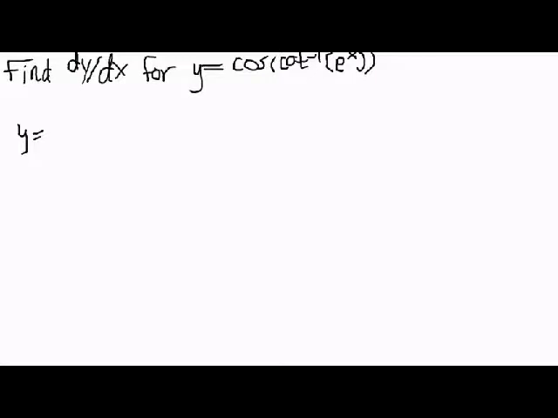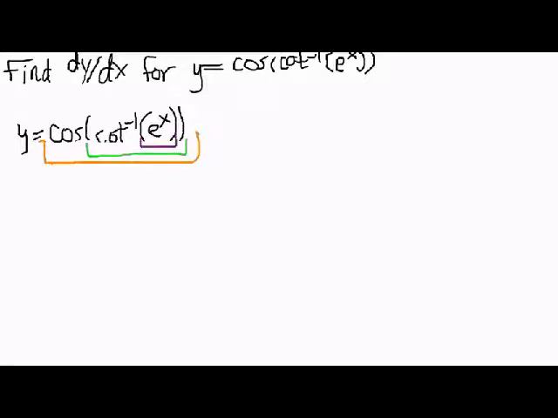To find dy dx for y equals cosine of the arc cotangent of e to the x, we must use the chain rule. All you need is the chain rule. Identify the in, identify the out. You don't need a tool, just do the chain rule. If we take the outside, which is cosine, that results in negative sine times the inside.